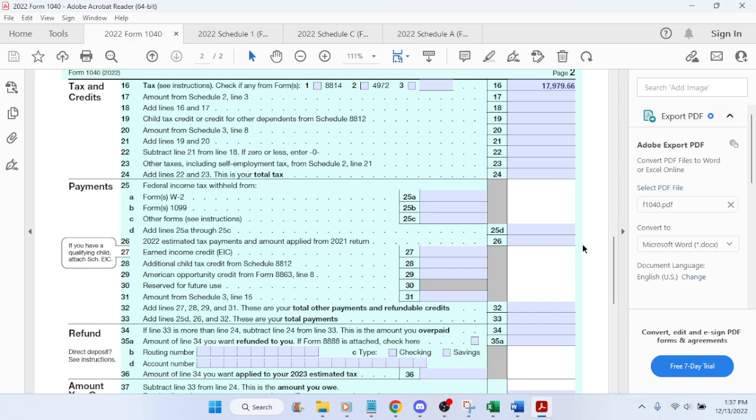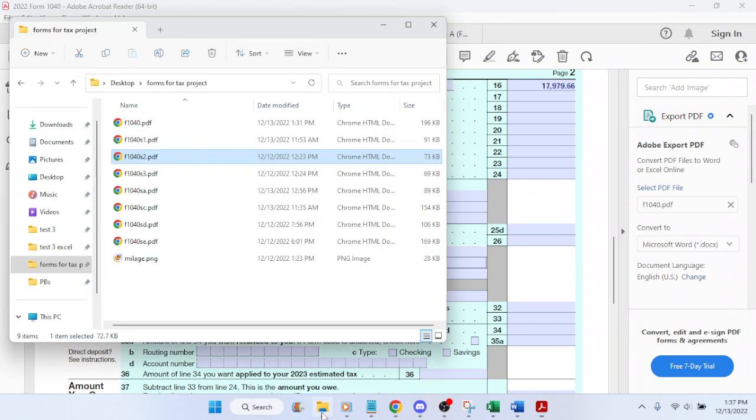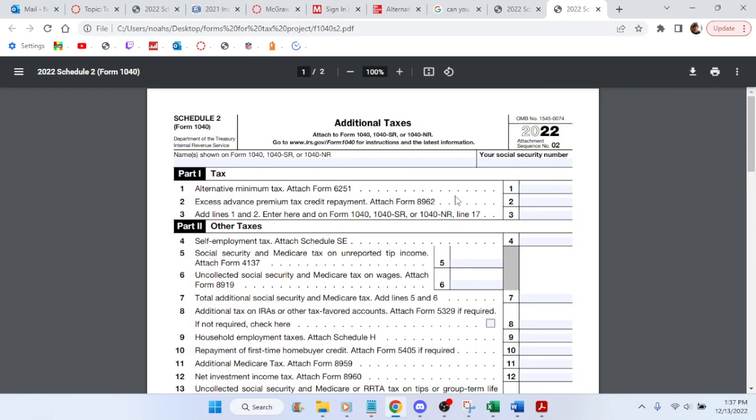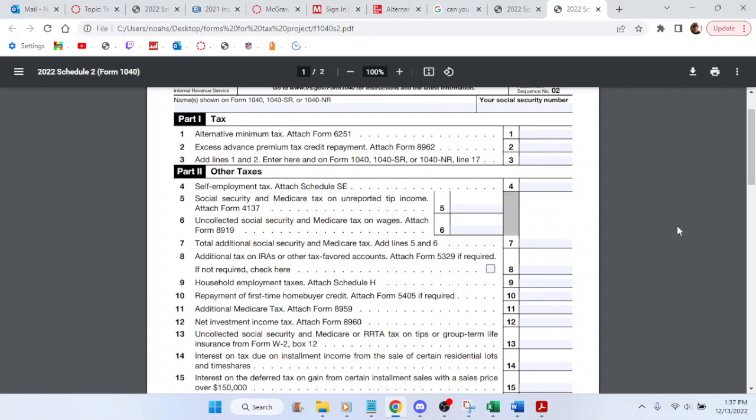Wait a minute. So I'm gonna make my life easier and assume there's no tax for excess prepayment.